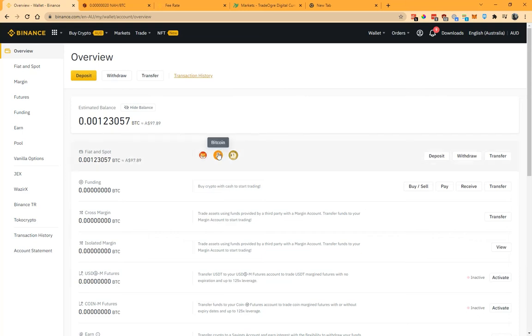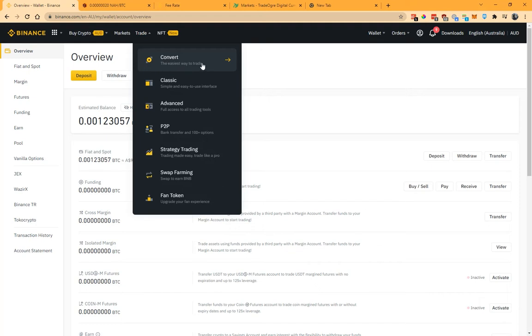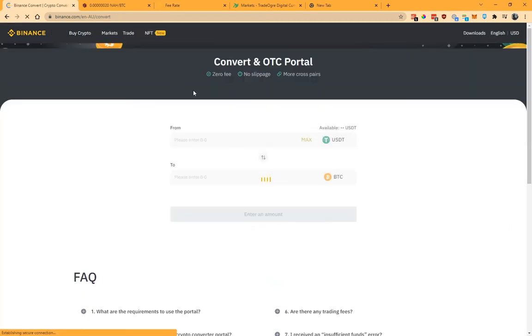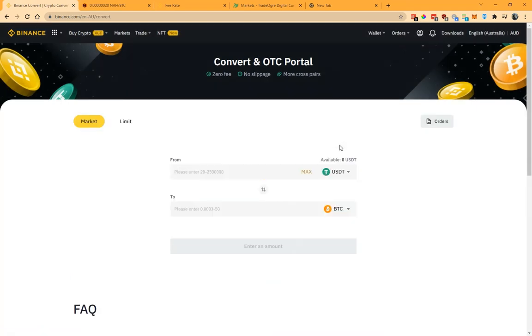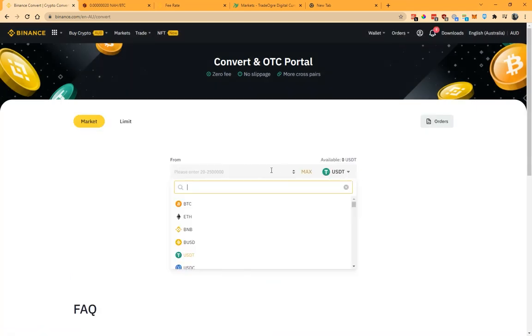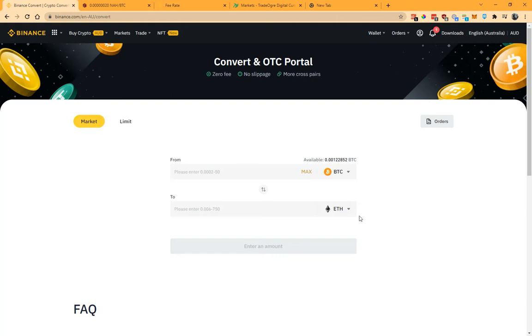Okay, so now what we want to do is trade this Bitcoin here for LTC. Now, I said there's 2 ways to do it. There's convert, and then there's also market. So we're going to just use the convert function here again for ease, and you'll see how the market works on the other networks. So we have Bitcoin, and we want to trade that Bitcoin for LTC. Now, there's a lot of pairing partners here, so rather than scrolling through, we're just going to type in LTC.